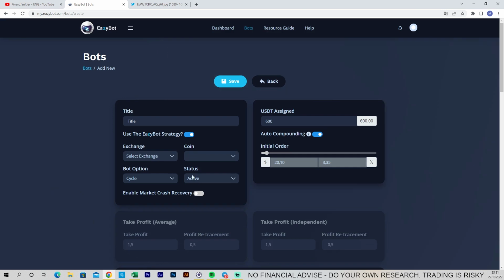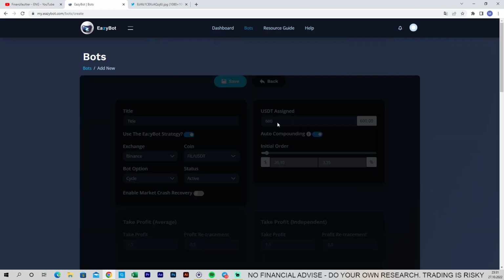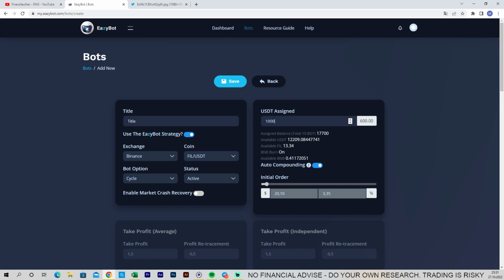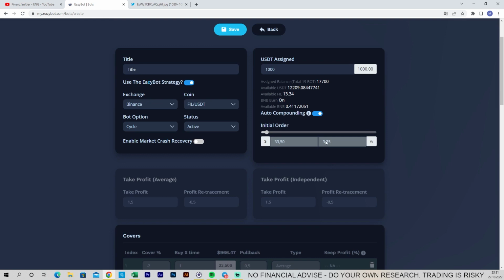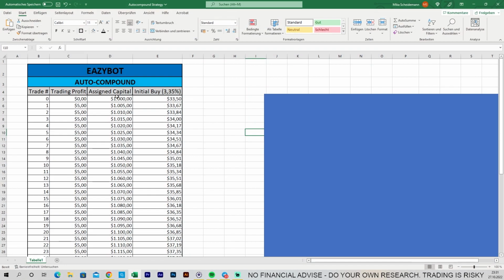So when we add a new bot, let's check Filecoin. When we choose $1,000, we see our initial order is 3.35% at $33.50. Those are the numbers right here: $1,000 assigned capital, initial buy is 3.35%, so $33.50.